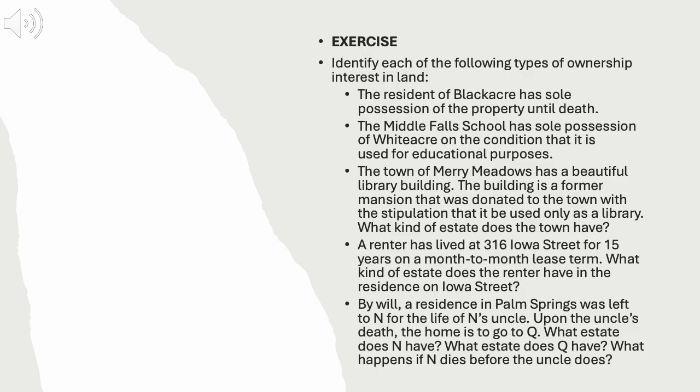What kind of estate does the town have? A renter has lived at 316 Iowa Street for 15 years on a month-to-month lease term. What kind of estate does the renter have in the residence on Iowa Street? By will, a residence in Palm Springs was left to N for the life of N's uncle. Upon the uncle's death, the home is to go to Q. What estate does N have? What estate does Q have? What happens if N dies before the uncle does?